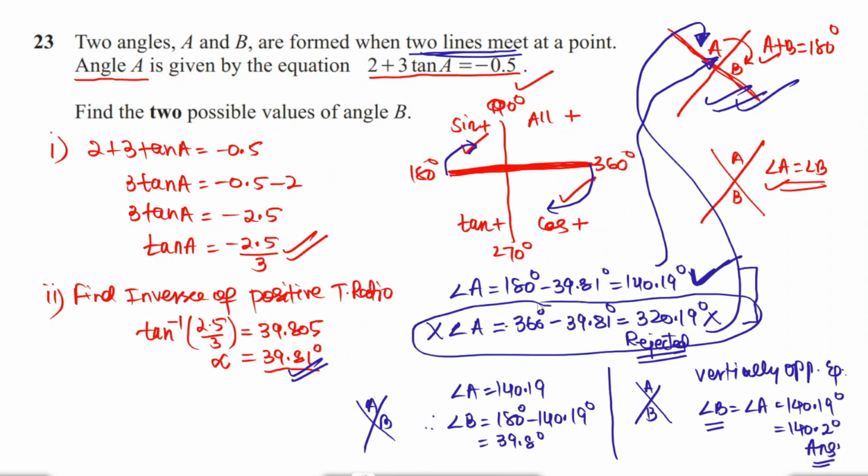So this angle had been rejected, this angle had been taken. If they lie on a straight line, then 180 minus the first angle gives the second angle. And if they are vertically opposite angles, then they have to be equal. So the first angle is 140.19, the second angle has to be 140.19. So that is how we solve this problem.